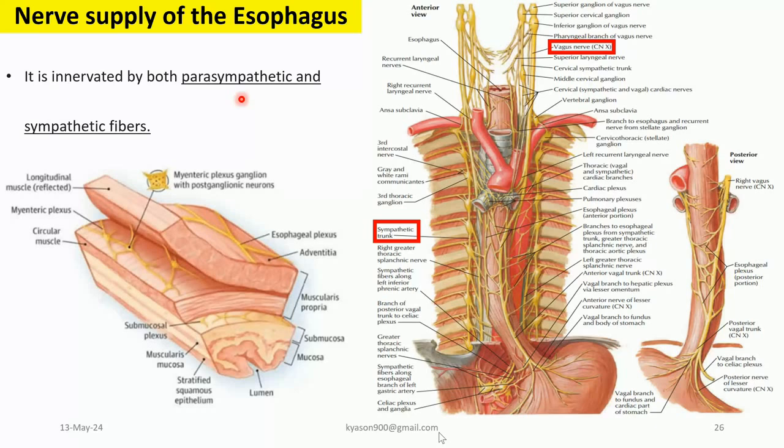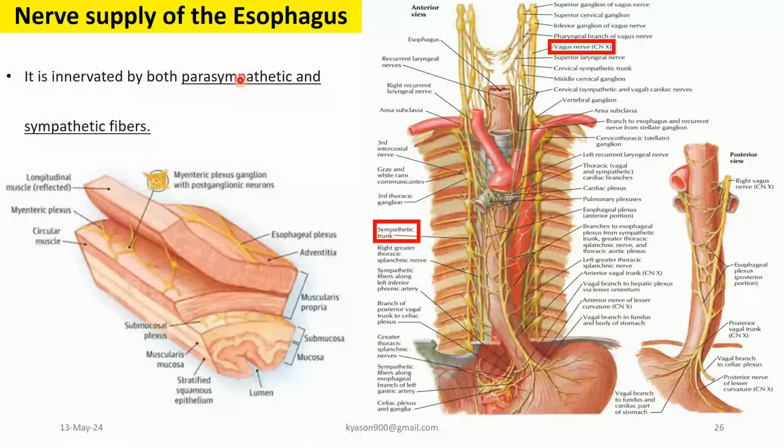Swallowing normally occurs when the body is at rest, okay? And just like other processes of the body, urination, defecation, all those physiological processes have to go on when the body is at rest, and they are controlled by the parasympathetic nerve fibers.